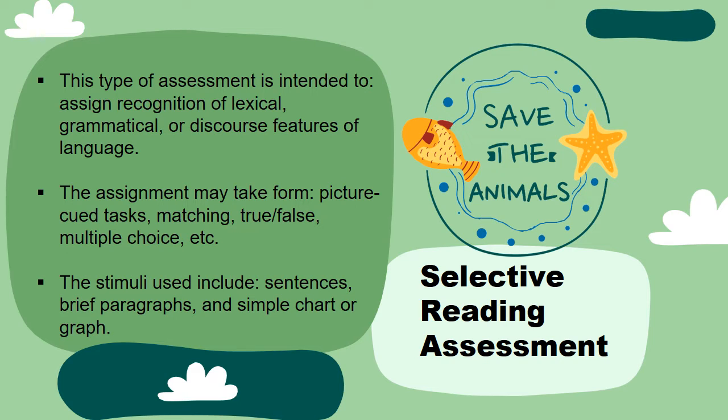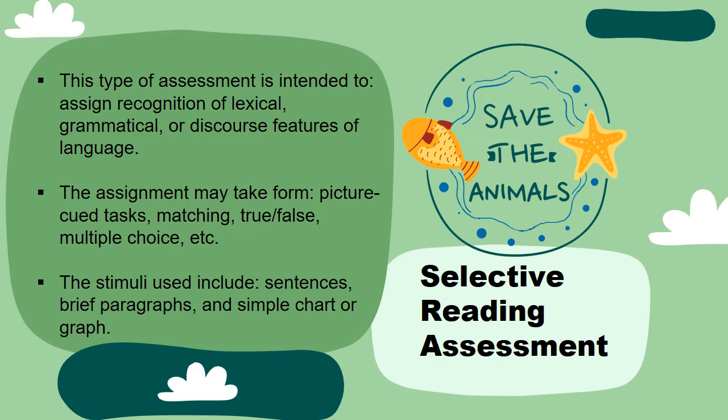Many say that this selective reading assessment is a vocabulary and grammar assessment, although it does not feature all four basic English skills that should be featured in this form of assessment.